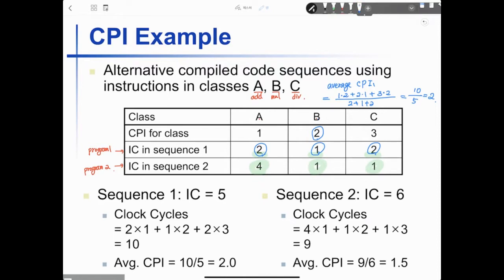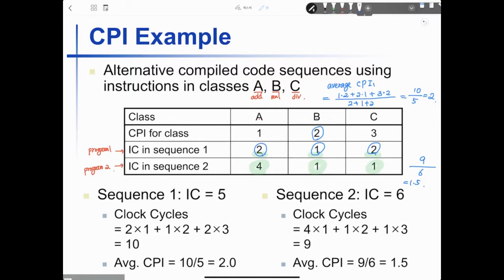The total number of instructions is 6, and cycles are 9. So it is 1.5 CPI. Okay? So even for the same hardware, same processor, if we run a different program, then the CPI changes.